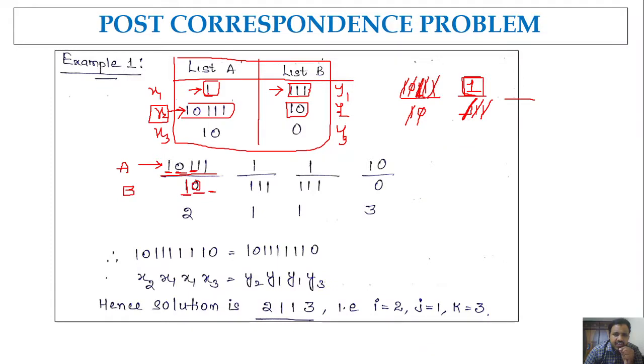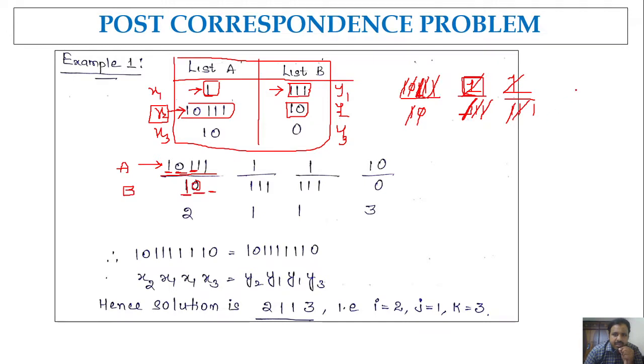What we will do here is again take x1. What will happen if we take x1 here? We will get 1 and 1 1 1. This one will cancel with this one, and next this one will get cancelled with this one.